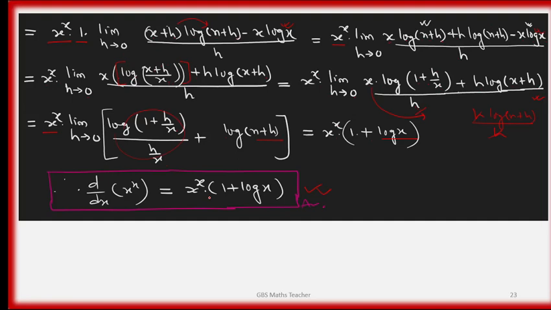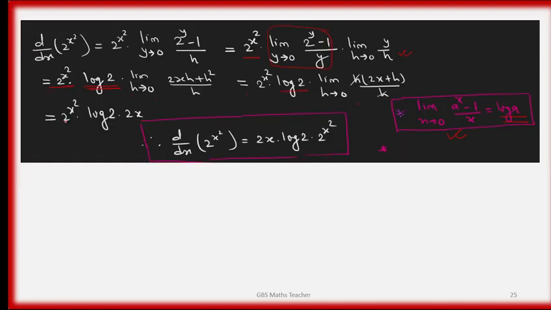Now apply the limit, it will be 2x plus 0. So 2 to the power x square times log 2 times 2x. That's why the derivative of 2 to the power x square from the first principle is 2x times log 2 times 2 to the power x square. In this way we can find the derivative of 2 to the power x square.